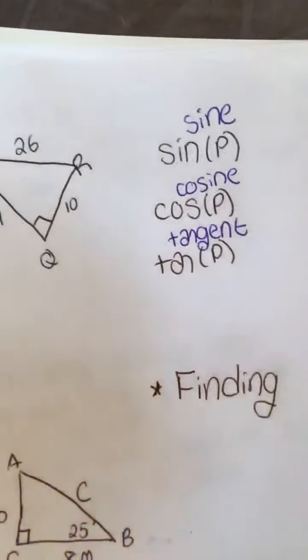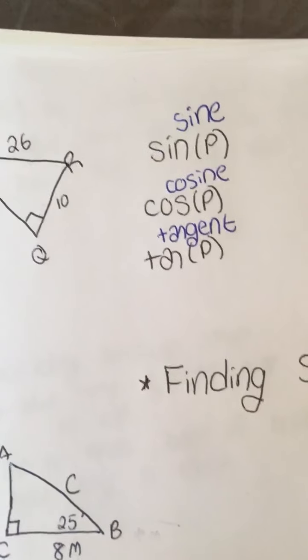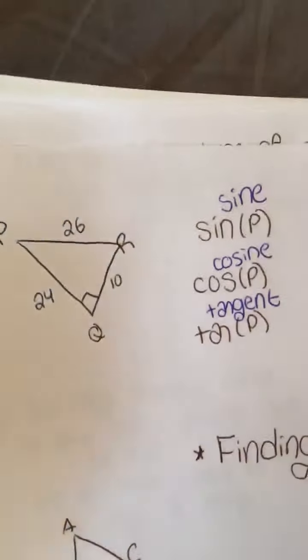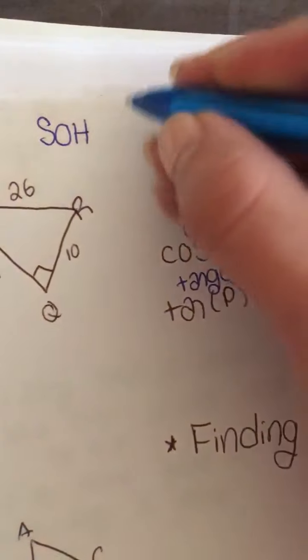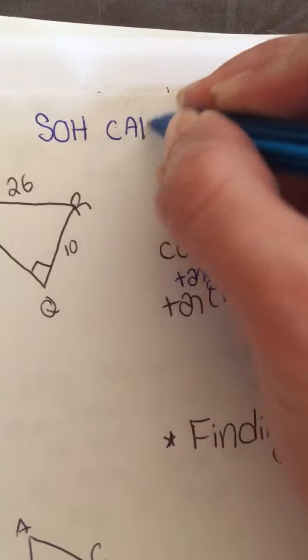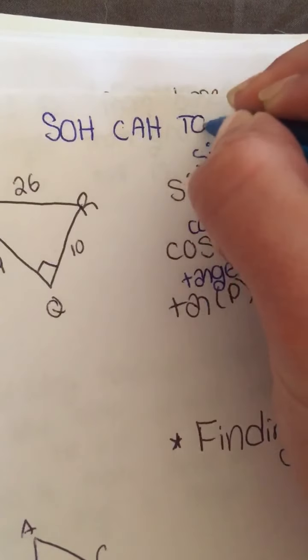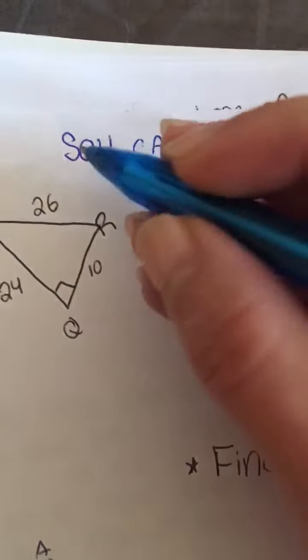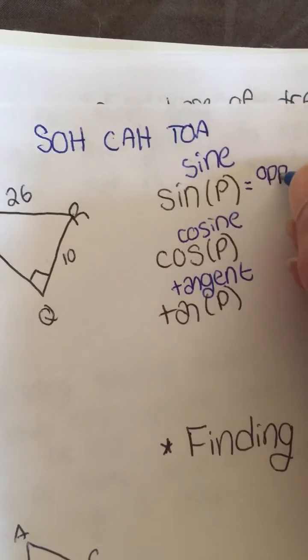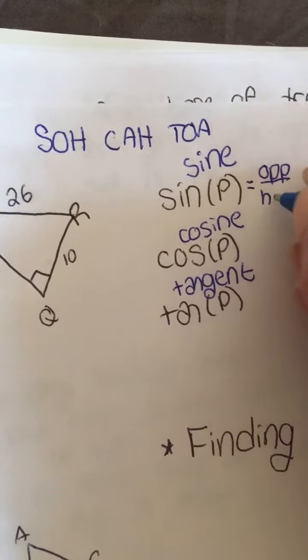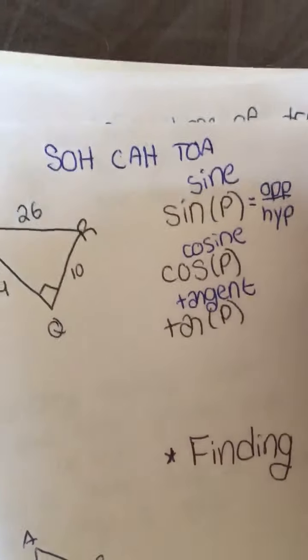And you probably learned from the other video, or if you're in period 2, we did a whole lesson on it. SOHCAHTOA is what you need to remember. And if you remember SOHCAHTOA, then this whole unit will be super easy. What that stands for is that the sine is always equal to the opposite side, I'm just abbreviating, over the hypotenuse, SOH.